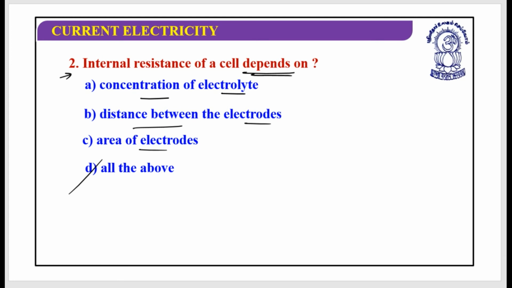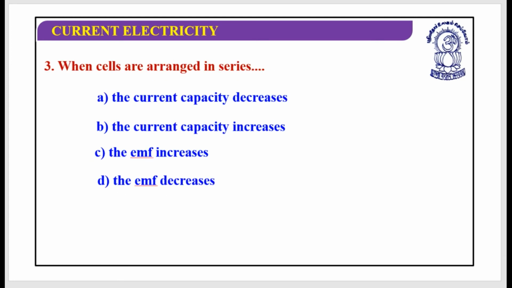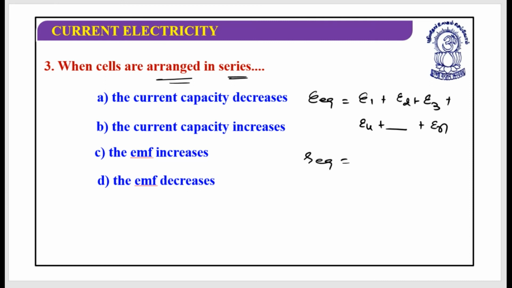Yes, please remember. Next, when the cells are arranged in series, E equivalent would be E1 plus E2 plus E3 plus E4 up to En, and my R equivalent will be R1 plus R2 plus R3 up to Rn.